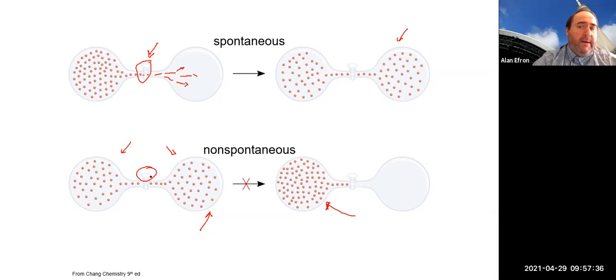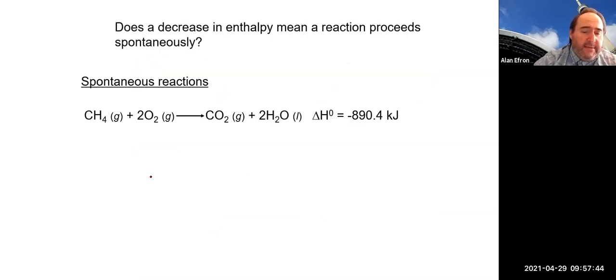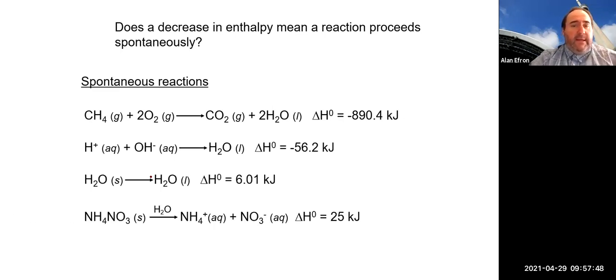So when we talk about heat and energy and enthalpy, and whether or not a reaction is exothermic, does a reaction being exothermic really mean that the reaction will proceed spontaneously? What we look at here are some spontaneous reactions.